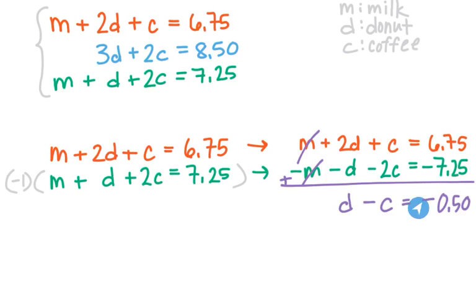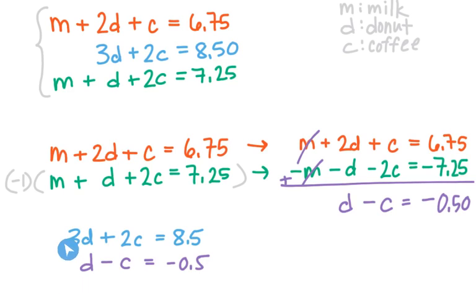So now I have one equation with D and C, and I already was given this blue equation, which is 3D plus 2C equals 8.5. So I've got two equations in two variables, and I've listed them together down here. Now, I need to determine a scalar multiple. I could multiply by -3 or by +2. And since these are already opposite signs, I'm going to choose to multiply this bottom equation by +2.